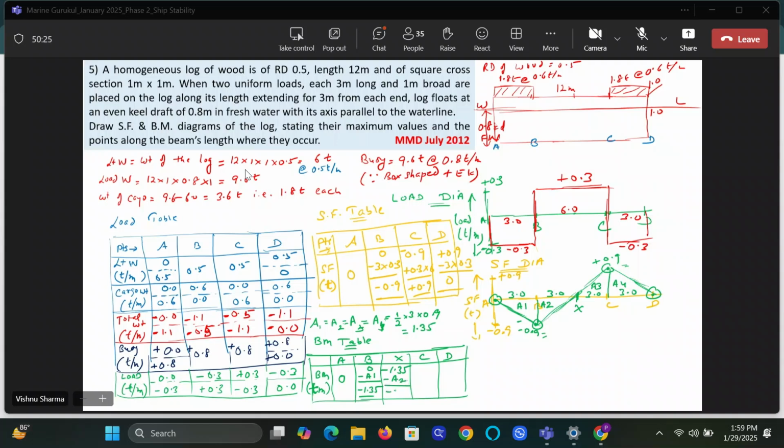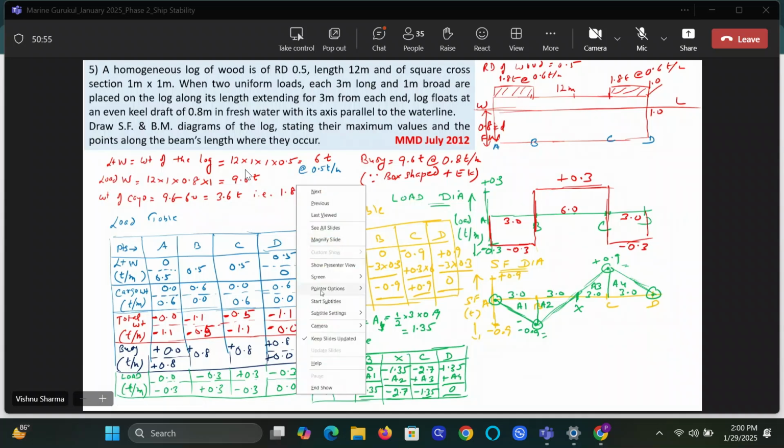It will become minus 2.7. We carry forward minus 2.7. Then we have plus area 3. It will become minus 1.35. We carry forward minus 1.35 and we have area 4. This becomes 0. Kindly confirm if I have made the BM table correctly. Yes or no? Yes, sir.